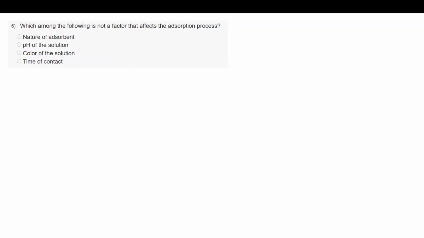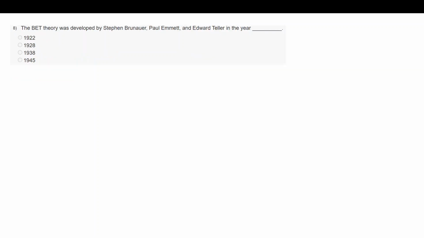Apart from that, nature of adsorbent, pH, contact time all affect it, right? So color does not affect. Next is, adsorption processes are generally dash in nature. Exothermic. And what does that mean? Heat is liberated. Correct, so the answer is exothermic.